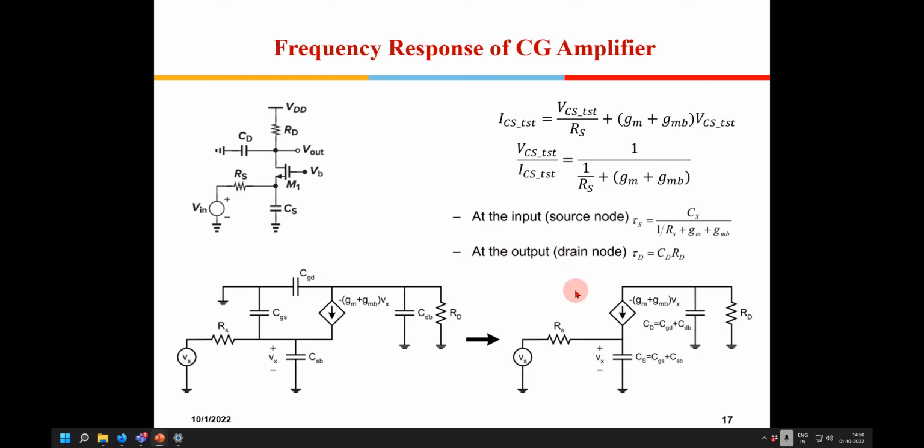Okay, so this is often the CG amplifier. So these are the two frequencies. It doesn't have the Miller effect.